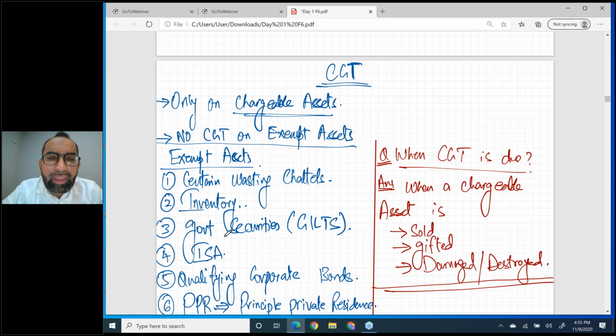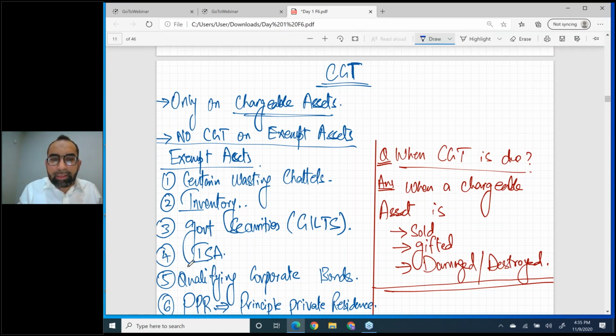Listen, first of all you must remember, CGT can only be applied on a chargeable asset. CGT is only due when you sell, when you gift, or when the chargeable asset is damaged or destroyed. So the asset must be a chargeable asset, which means on an exempt asset there is no CGT.